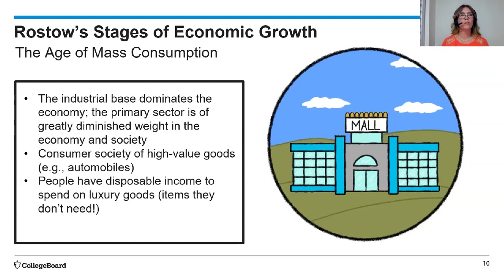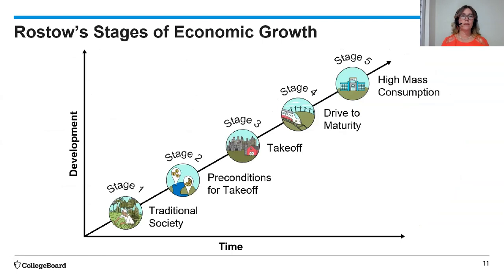Those are luxury goods that we don't really need, but maybe some people have the disposable income to purchase them. So that was Rostow's stages of economic growth. Remember, he thinks that every country, if you follow these stages, can modernize and can develop.